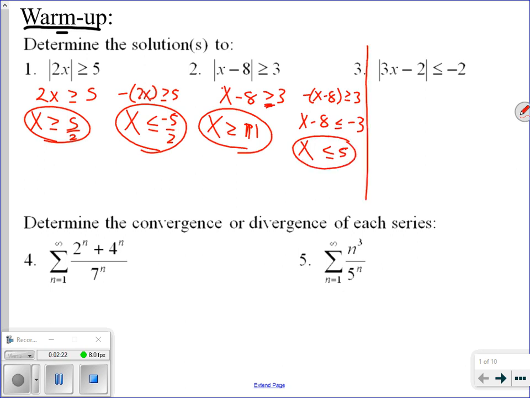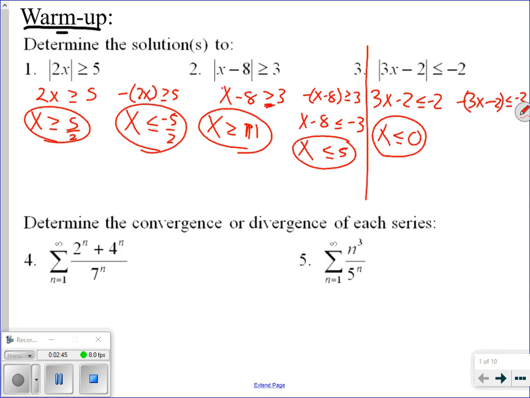And lastly over here, I think we got the idea, but we'll say 3x minus 2 is less than or equal to negative 2, and negative 3x minus 2 is less than or equal to negative 2. So for the first one, we add 2 and divide, and so we get x is less than or equal to 0, actually.